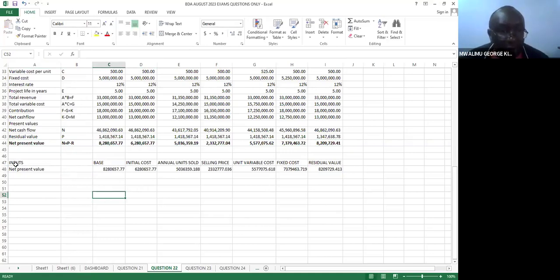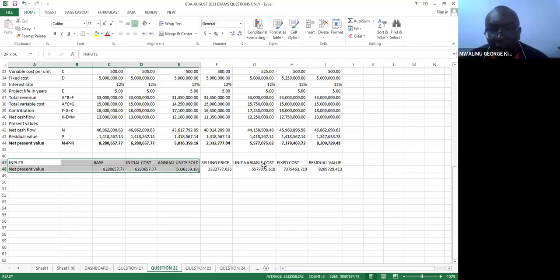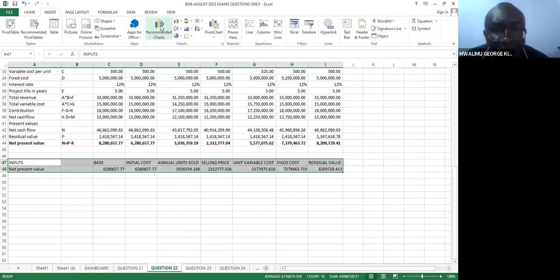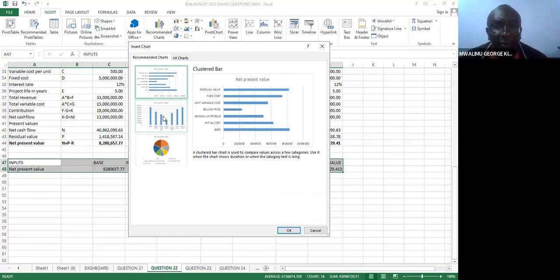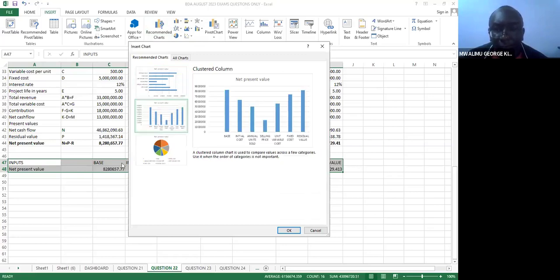Now these ones we can select and then come and say insert the recommended chart. So we can take this one. This is the recommended one. Let's say okay.